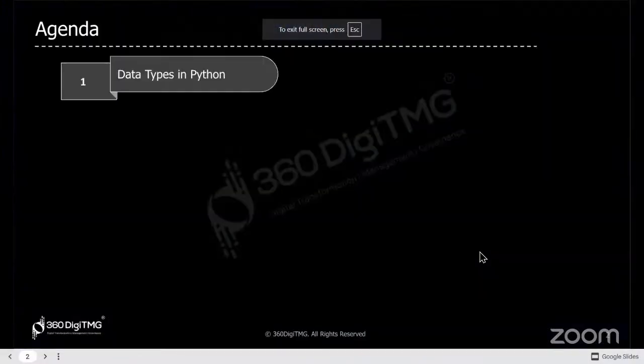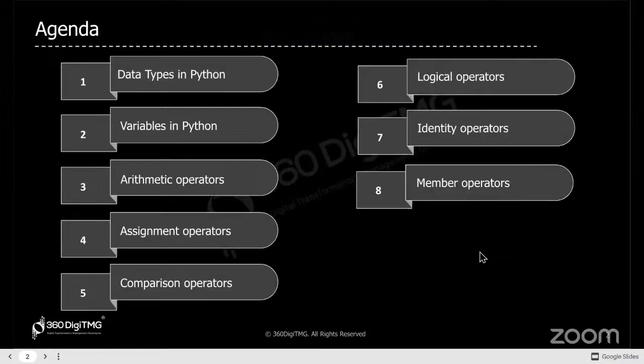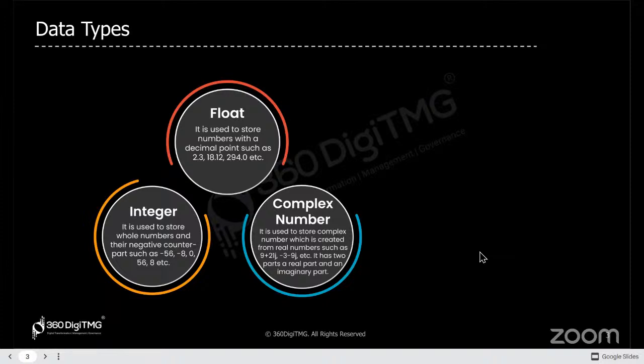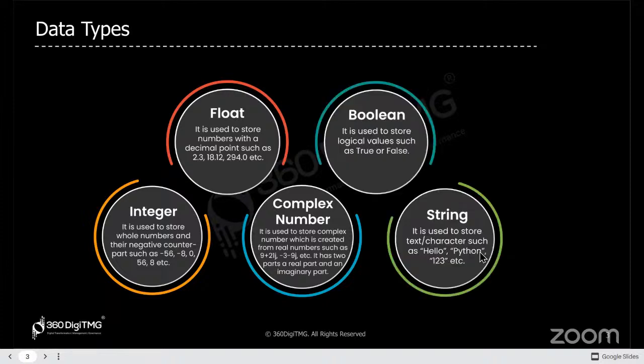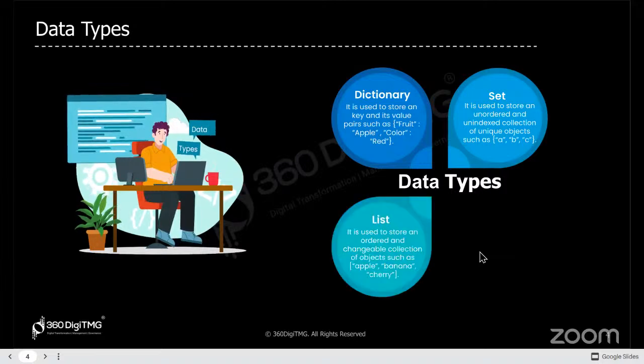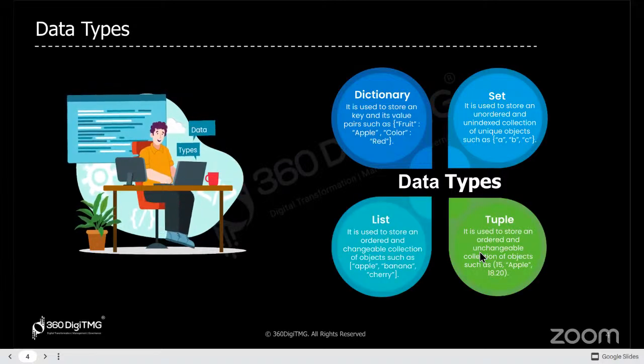So when we talk about data types and variables, there are all types of data: integer, float, complex numbers, Boolean, string. And Python recognizes all types of data. But there are some special data types that you will find here in Python. What are they? List, tuple, set, and dictionary.